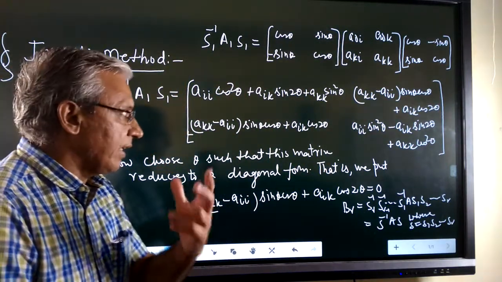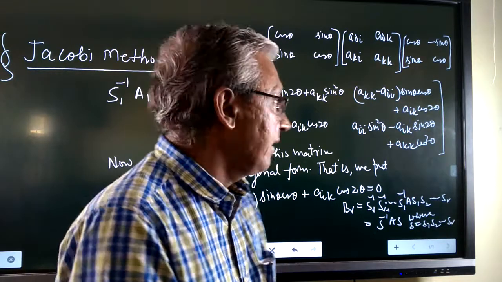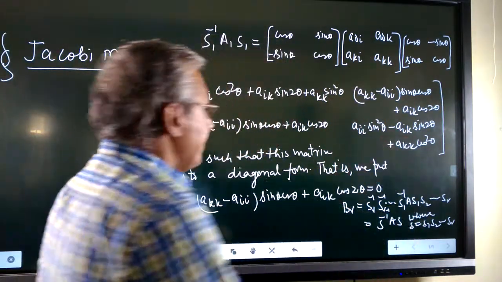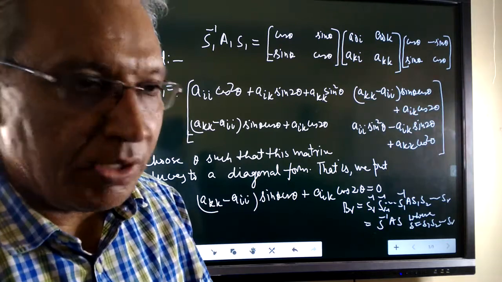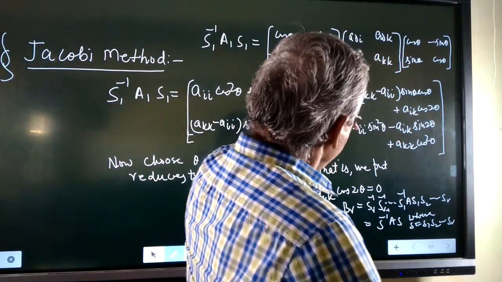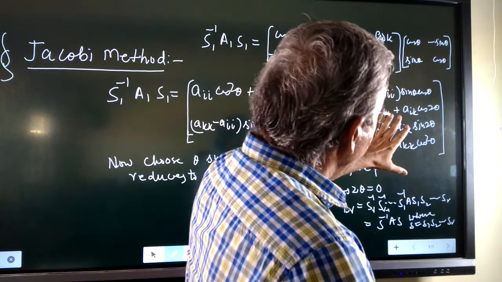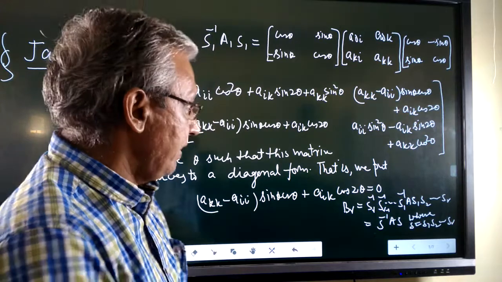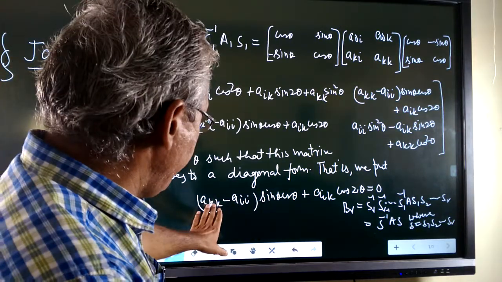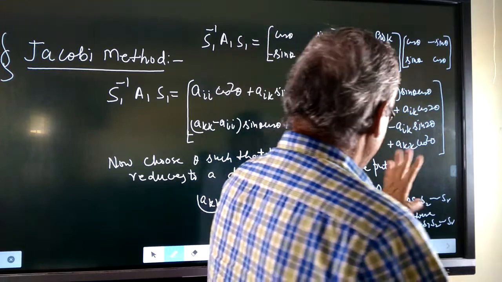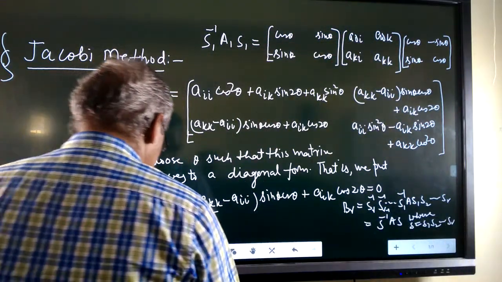Now choose theta such that the matrix reduces to a diagonal form. That is, we put the off diagonal elements of this matrix equal to 0. So therefore Akk minus Aii sin theta cos theta plus Aik cos 2 theta equals 0.